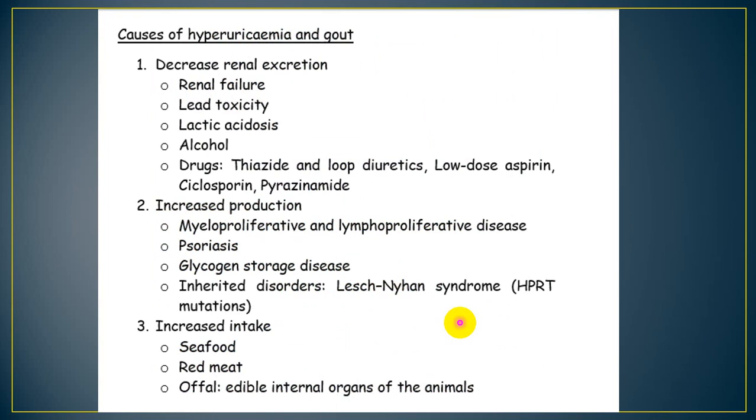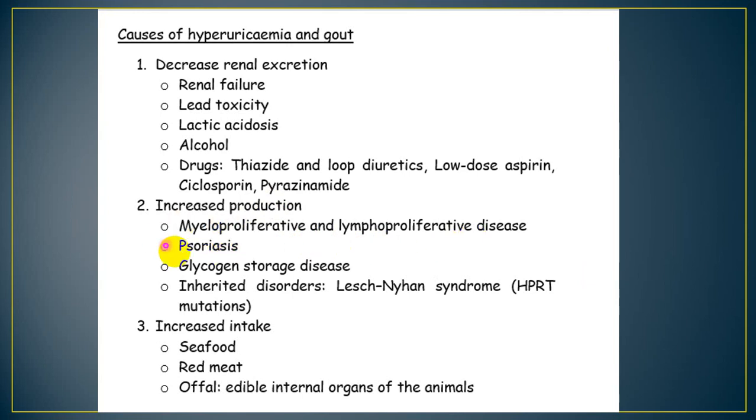What are the causes of hyperuricemia? We discussed previously in general, it is one of three major groups: either increased intake of food rich in purine and uric acid like seafood and red meats, or there is increased production of uric acid and xanthine, like in myeloproliferative disorders and lymphoproliferative disorders, when there is increased cell turnover, so there is more production of purine.